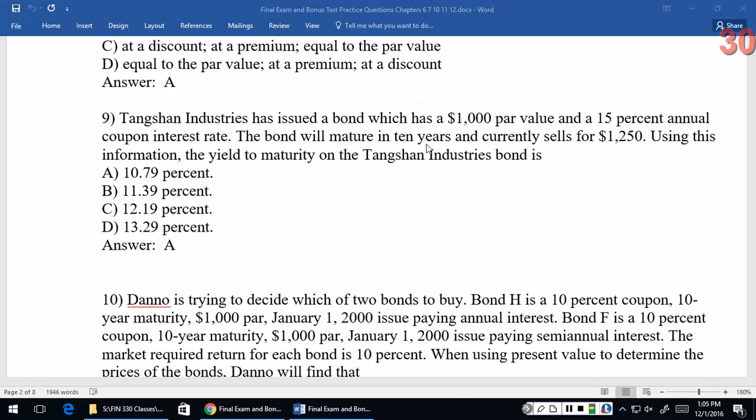So in this case, this bond has a $1,000 par value, 15% annual coupon interest rate, 10 years to maturity, and $1,250. If you're calculating this, the only thing you need to keep in mind is, if you've got a future value given to you and a present value, the present value has to be entered as a negative.